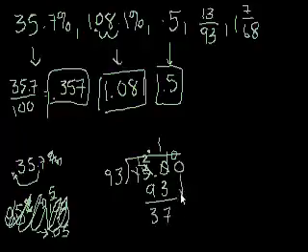Bring down a 0. So 93 goes into 370. I think 4 times 93 would be 372, so it actually goes into it only 3 times. 3 times 3 is 9. 3 times 9 is 27.